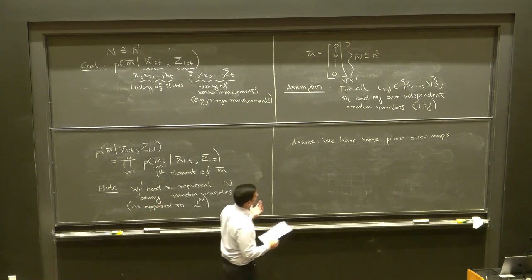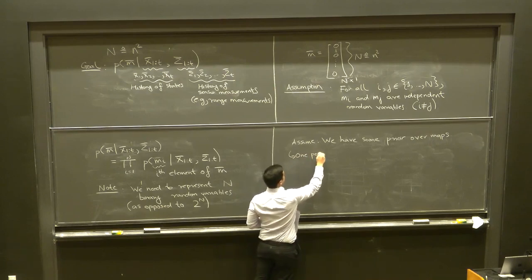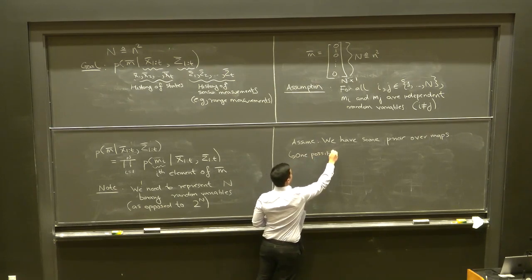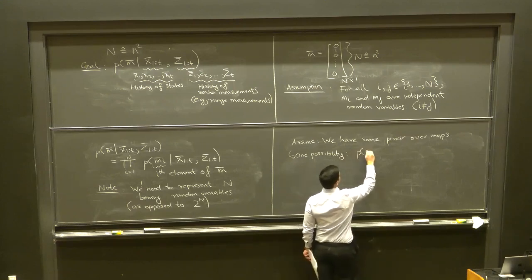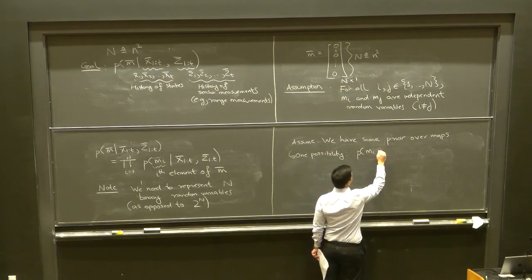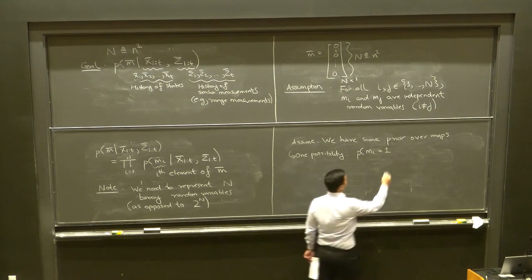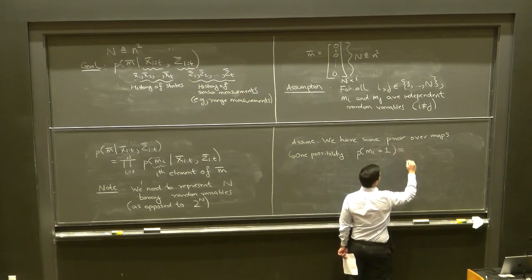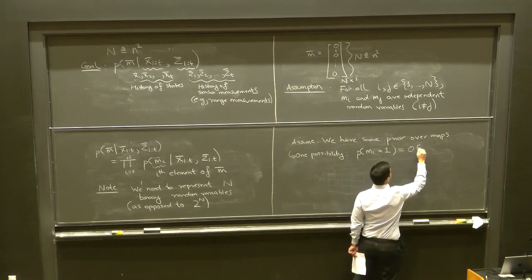So one possibility would be P of, let's say, m_i equal to 1, the probability that the ith cell is occupied, is something like 0.5 for all i.